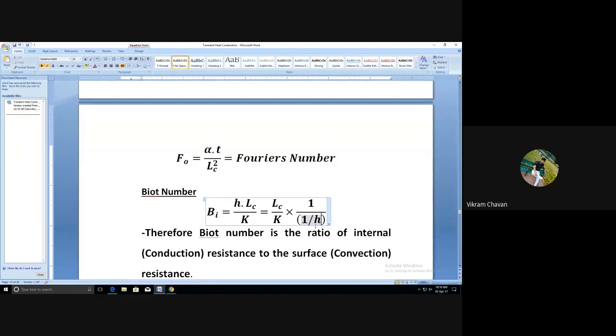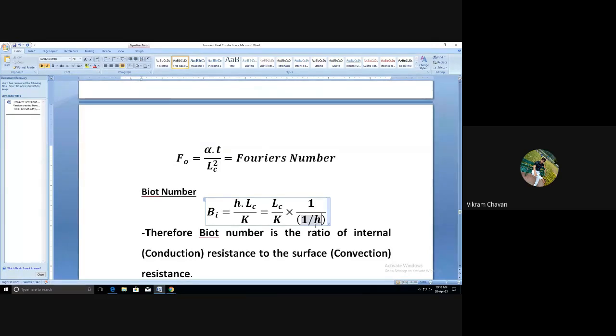In the numerator, the conductive or internal resistance is there, and in the denominator, the convective resistance, the external or surface resistance, is there. If the Bi value is small, obviously the numerator is small and the denominator is large. So we can say that when the value of Bi is small, the system has small internal resistance, that is, conductive resistance.